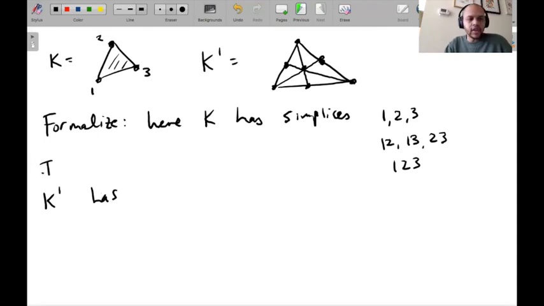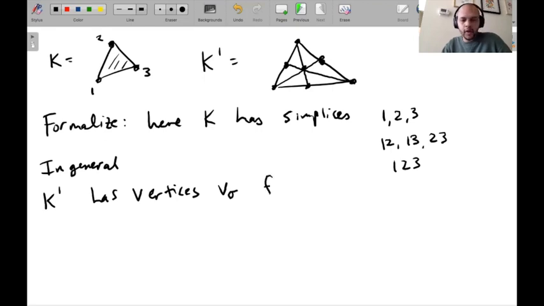So in general, K1, okay, so I guess I'm giving a definition of K1 now. You should keep this specific example in mind as we go through it. So K1 has vertices V sigma for sigma a simplex of K. So there's one vertex for every simplex.